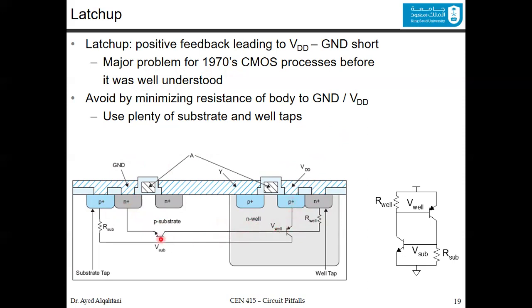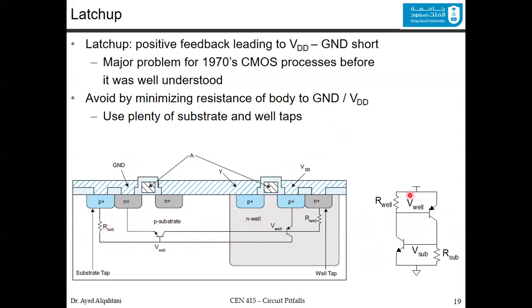And from this path, you can actually connect VDD to ground, especially when one of the two bipolar transistors gets forward biased due to the current flow through the well or the substrate. That was the model for what's happening here.